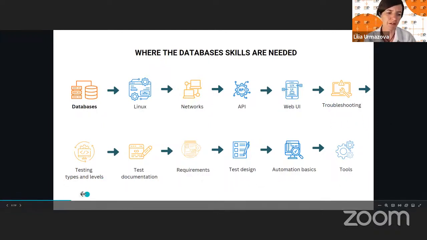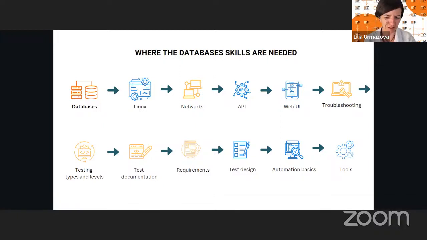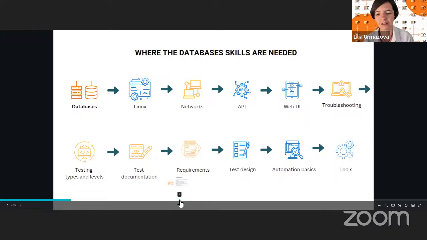And then when we go to the testing itself, here, testing types and levels, this module will touch the databases as well. Test documentation: we will write test cases and defects.